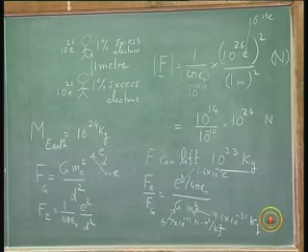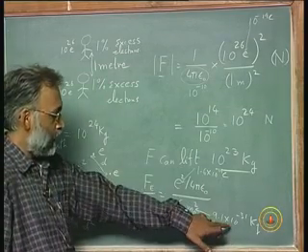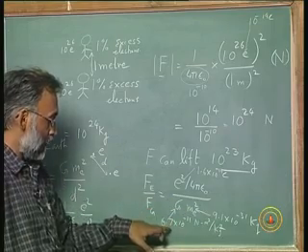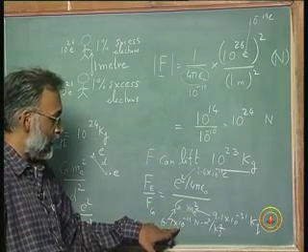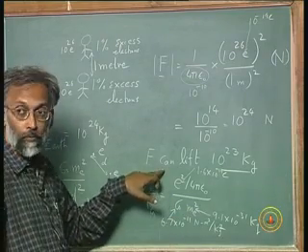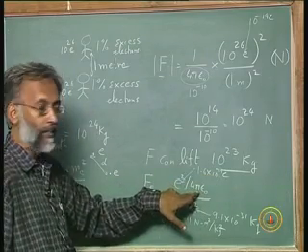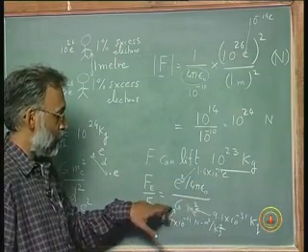Now, you can see I am going to take 10 to the minus 30 squared, 10 to the minus 60, and then I have a 10 to the minus 11, and I am going to take it all to the numerator. I have here 10 to the minus 19 times 10 to the 10. So, a huge number is going to come out.